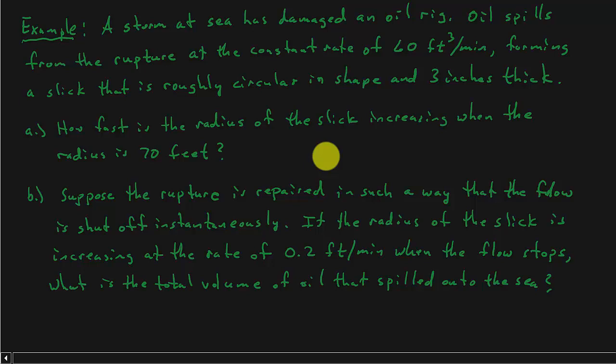All right, so this is the volume, okay? Not necessarily the volume of a circle, you wouldn't say that, you would say area of a circle, but this is the volume of a cylinder, right? Isn't this oil slick a cylinder? It's a circle, and it has a height of 3 inches. So it's just a real short cylinder.